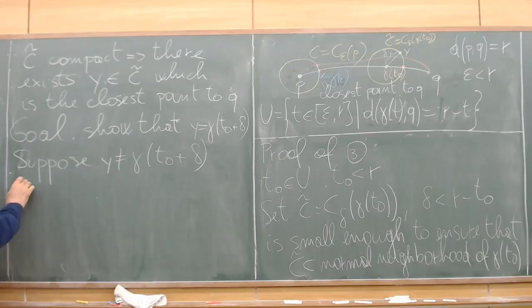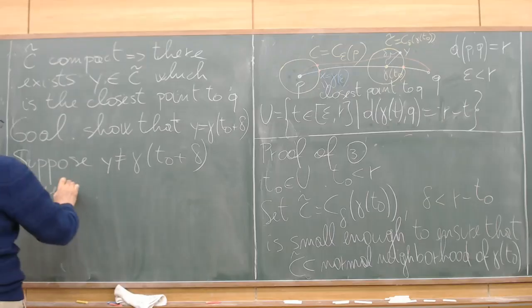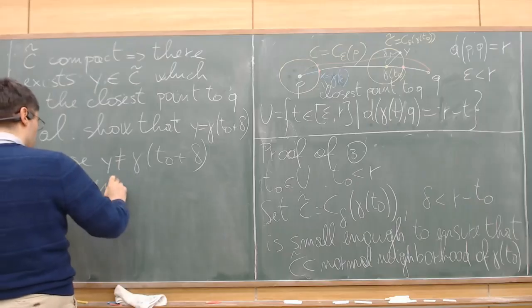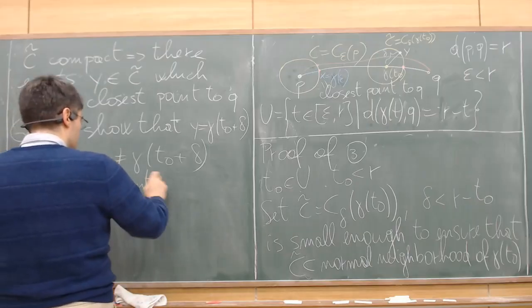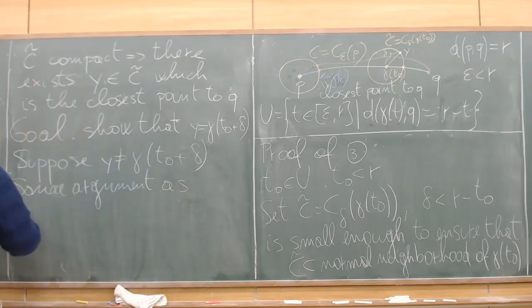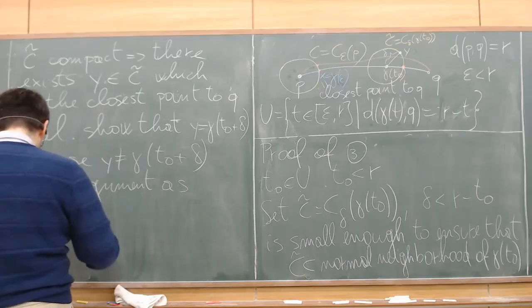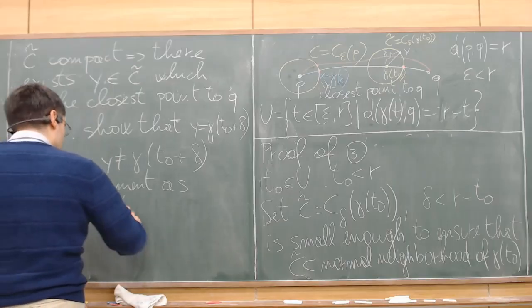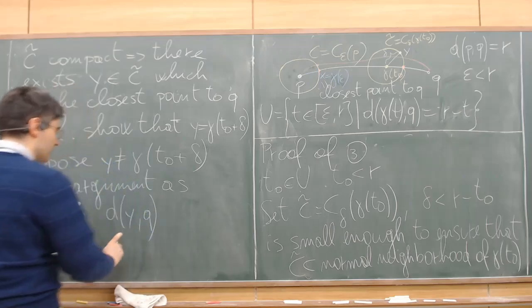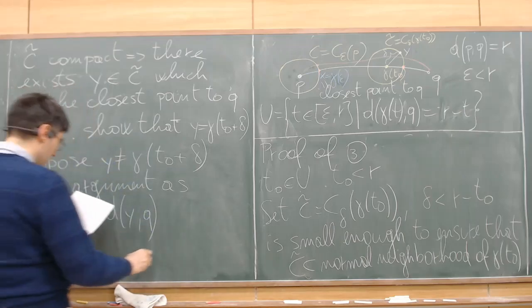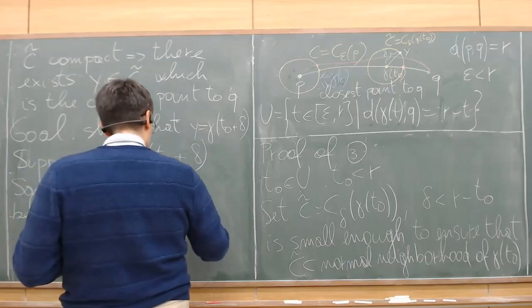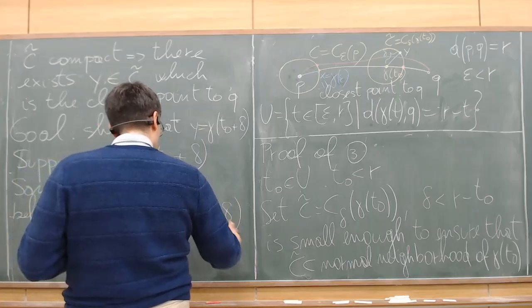So the same argument as before implies that the distance between Y and Q is R minus T0 plus delta.